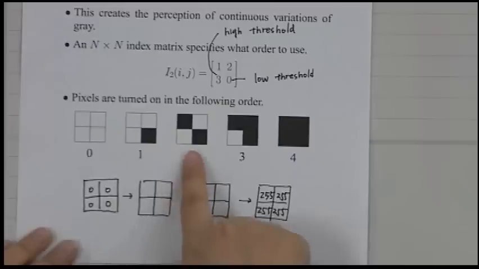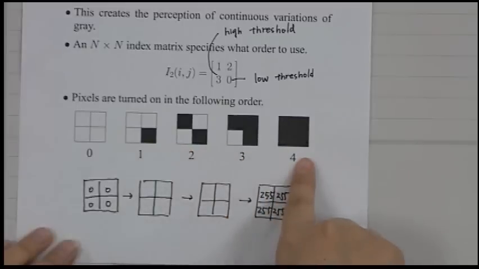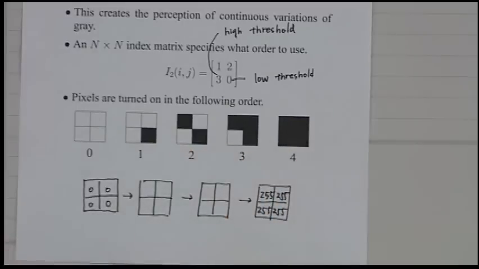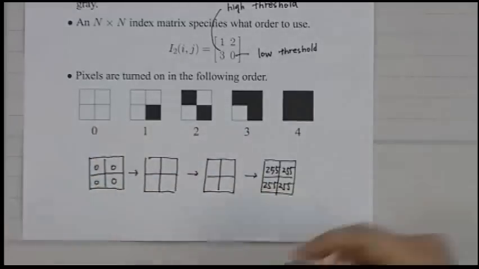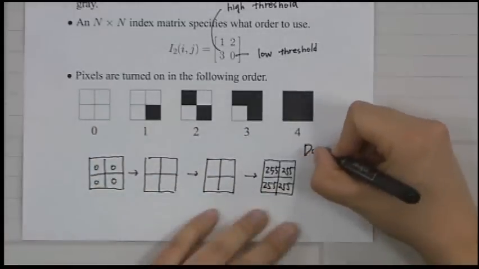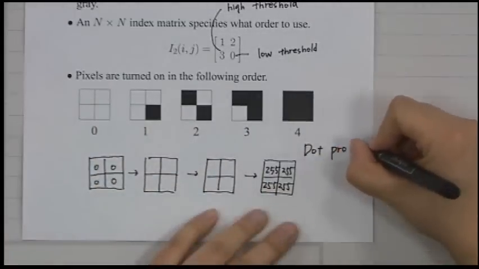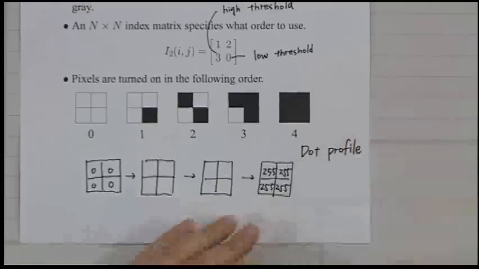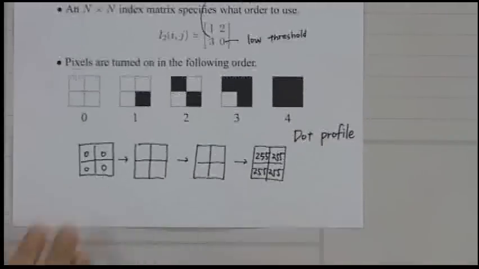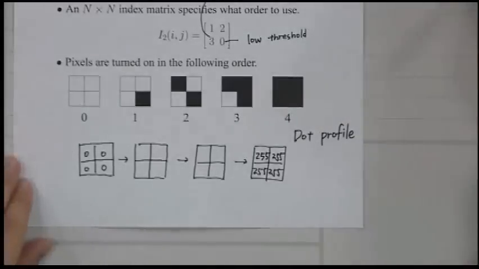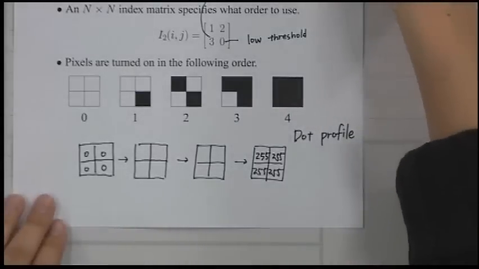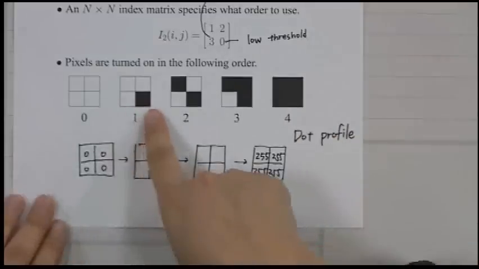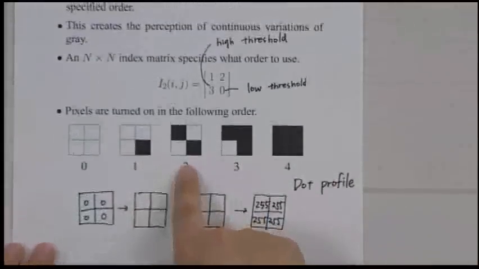It grows like this. And actually, these are called dot profiles. Clustered dot screening and dispersed dot screening differ just in how the dot grows.